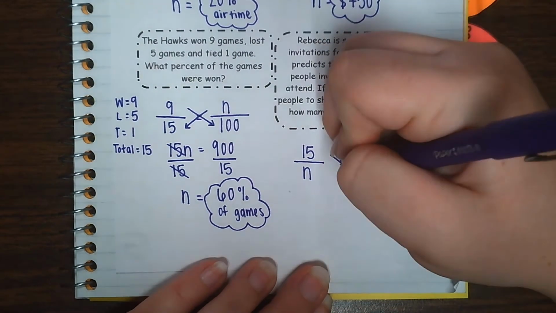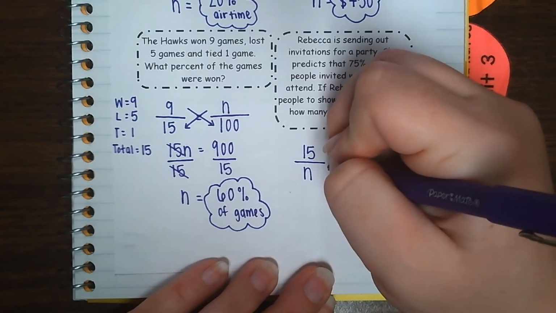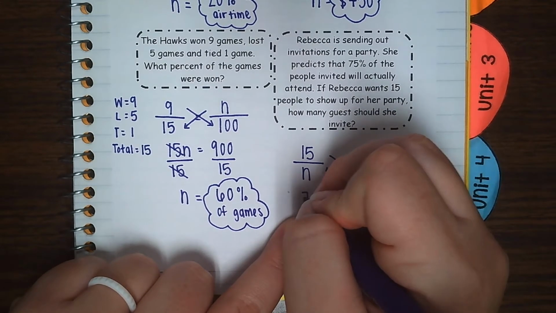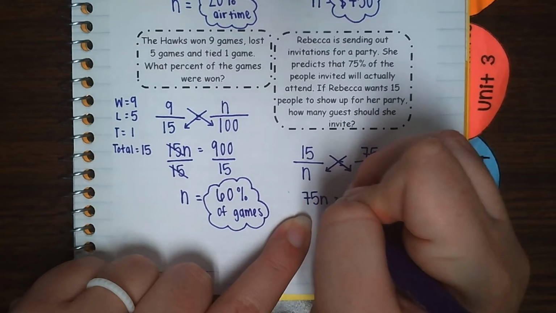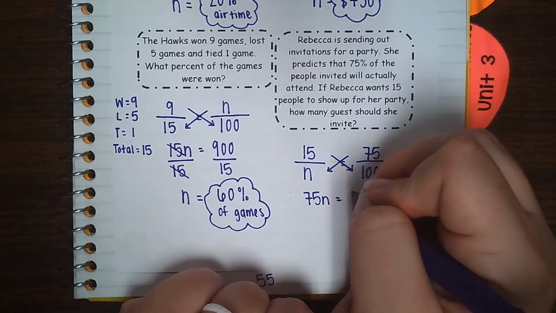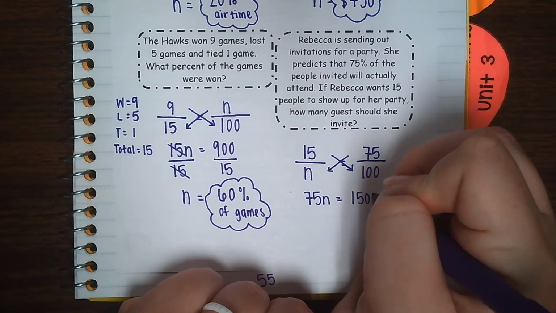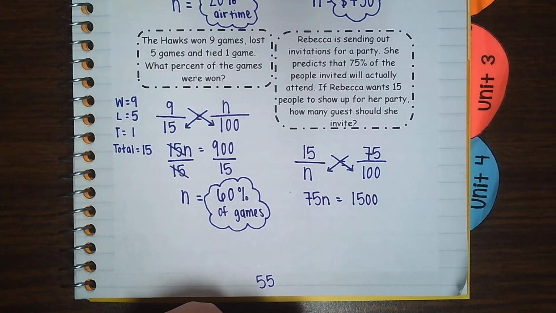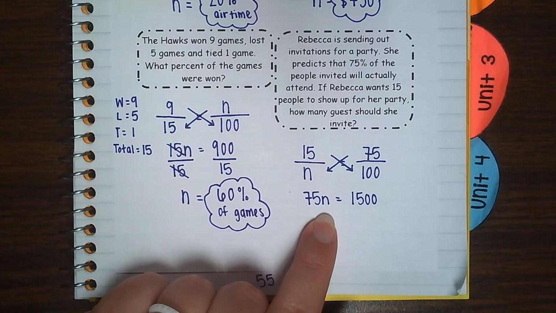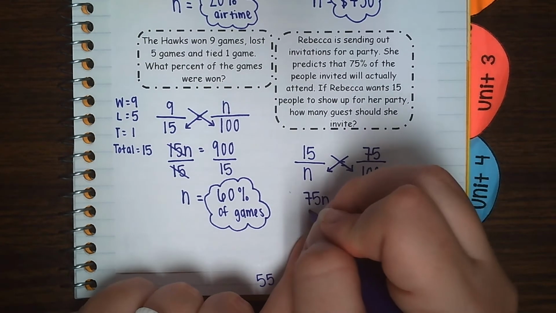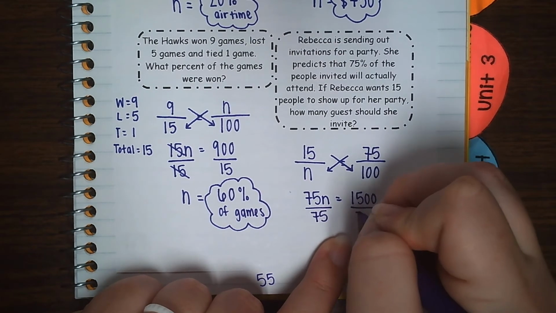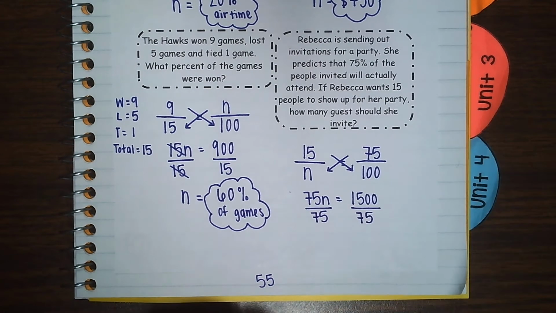So we're going to cross multiply. 75 times N is 75N. 15 times 100 is 1,500. We've got to divide by whatever is in front of our N. Right now that's 75. What we do to one side, we have to do to the other.